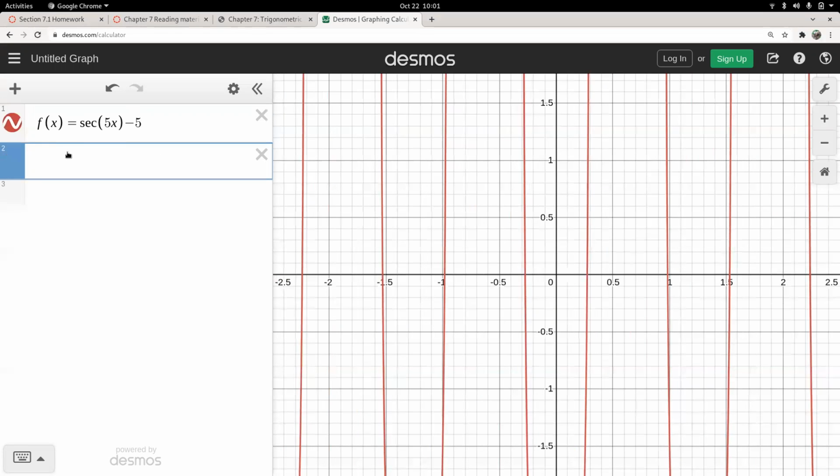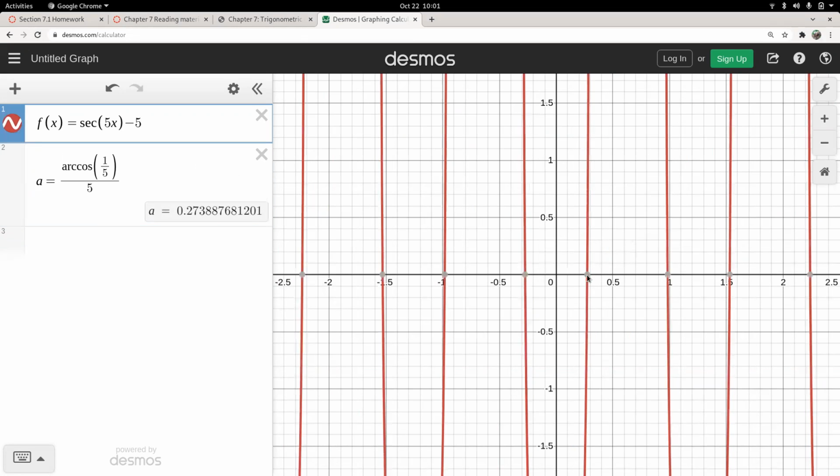So we think one of them, I'm going to call that A, should be the arc cosine of 1/5, and then divide that by 5. So 0.27388, blah, blah, blah. Should be this one, 0.274, they rounded.